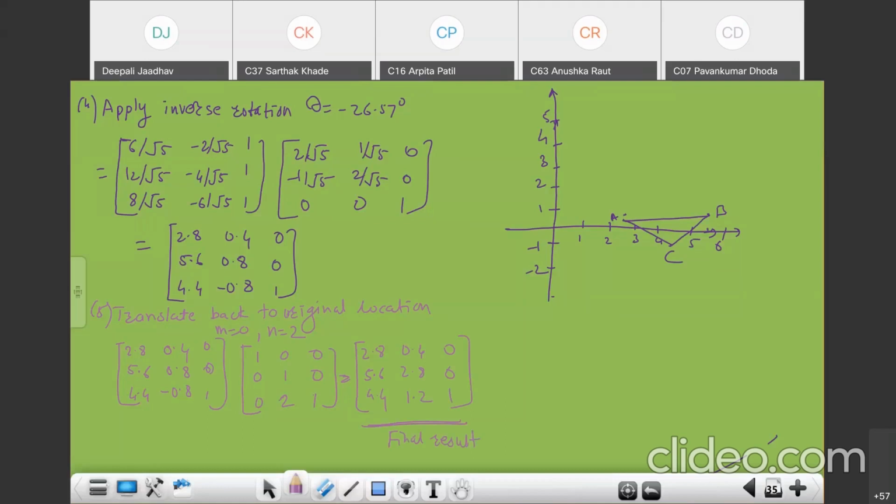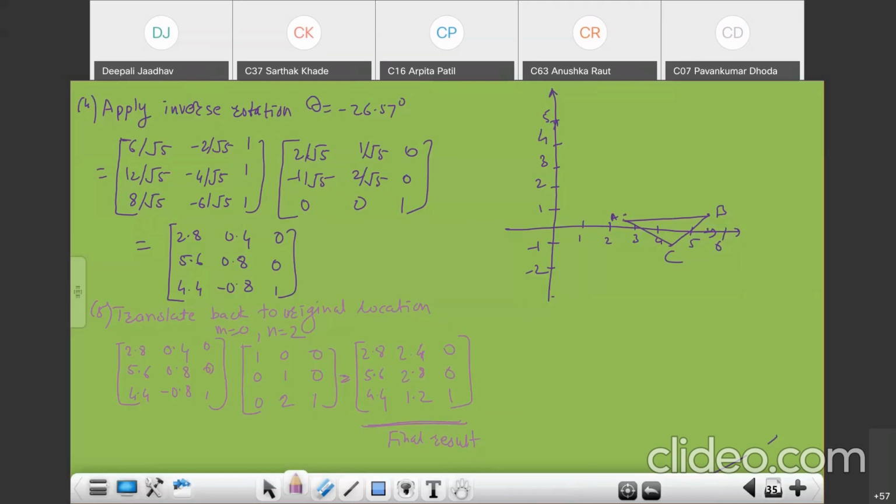So I draw it here. 2.8, along with 0.4, sorry, all are increased in the y direction. 2.4, 2.8 and 1.2. So 2.8, 2.4.